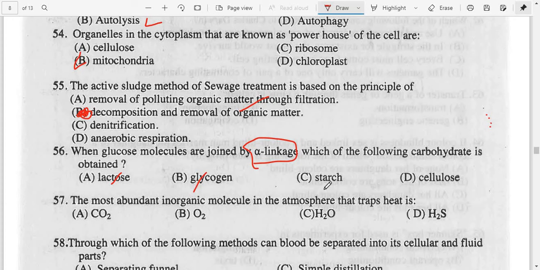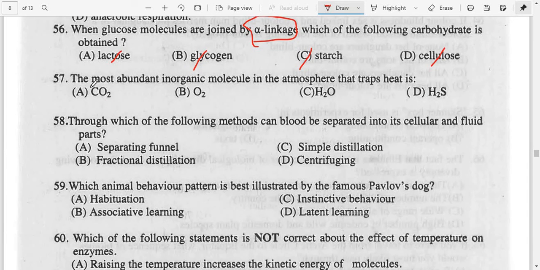No. Starch? Yes. Amylopectin and amylose are both linked by alpha linkage. Cellulose? No. Beta glucose? Beta linkage, sorry.